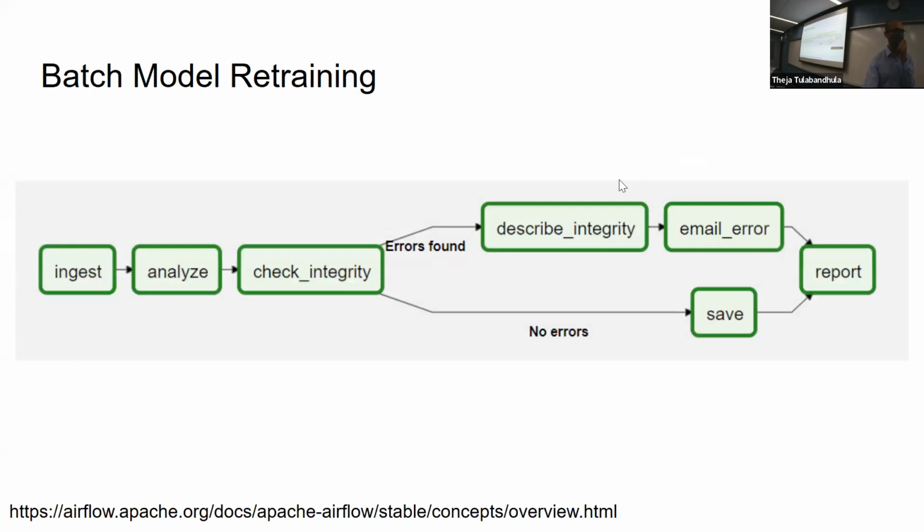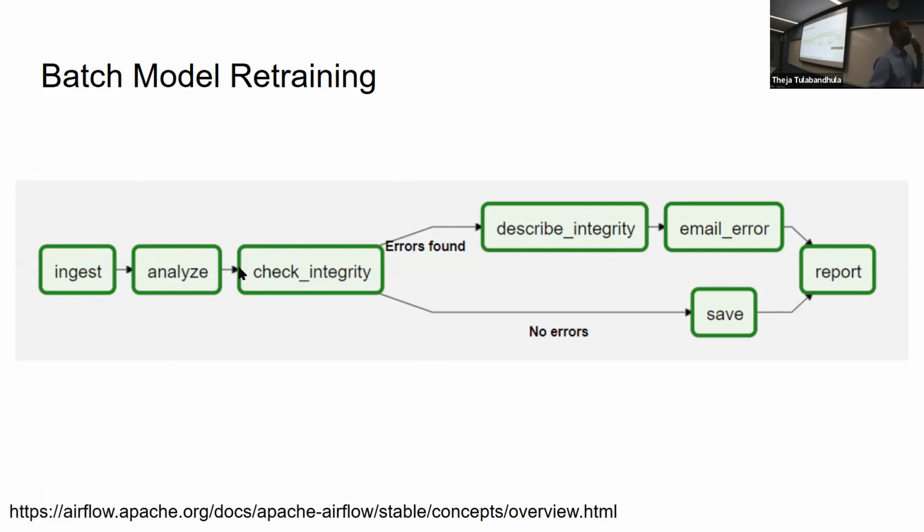So here's an example of a batch model retraining process. Okay, so this is in fact a diagram from Apache Airflow. So here's the same diagram we saw in the previous slide, but with maybe more steps. So there's data ingestion, data analysis, a data integrity check, and there's some extra.